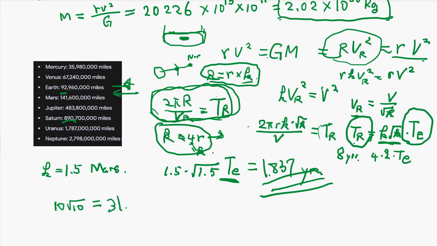So Saturn goes around the Sun in 31 years. Okay. Neptune is so far away compared with Earth. If Earth is 1, it's going to be 30 or so.